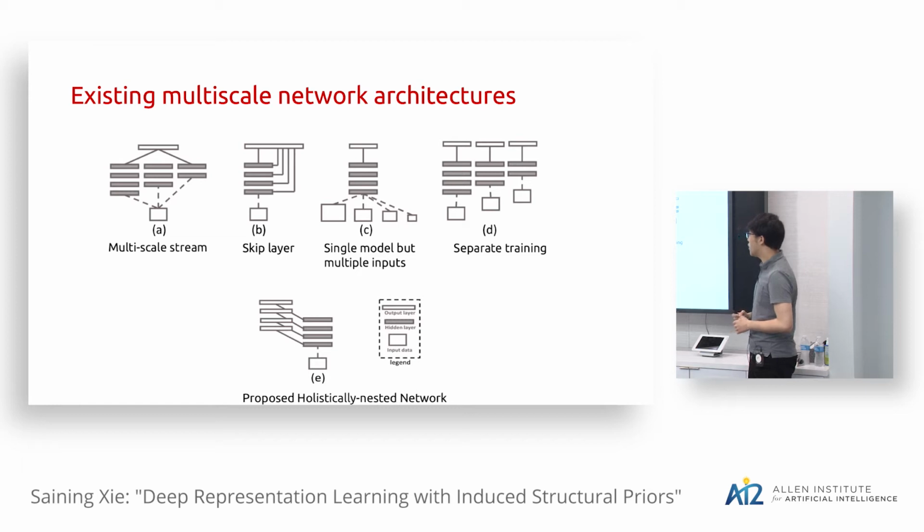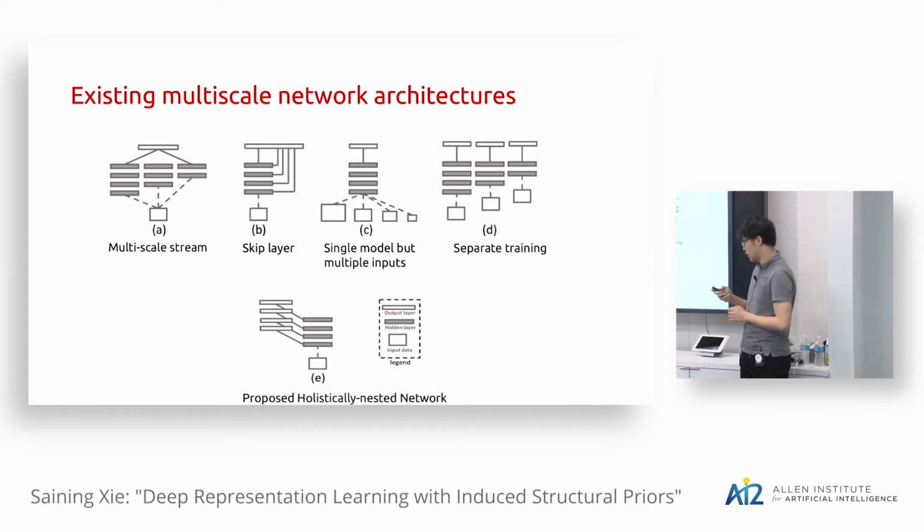Okay, so here is our proposed holistic nested network. The major difference compared to the previous ones is that for holistic nested networks, we have multiple side outputs. Each of the side outputs is associated with a specific loss.